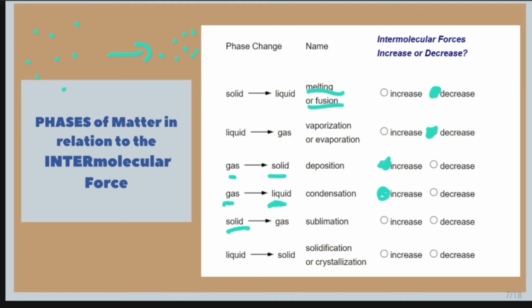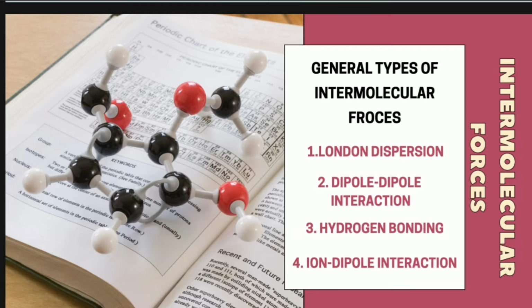From solid to gas, from more compact to less compact, the intermolecular force will decrease. And from liquid to solid, so from less compact to more compact solid, the intermolecular force is increased.